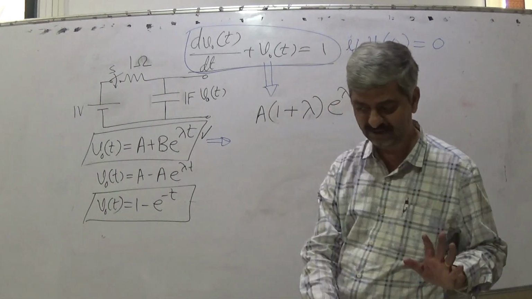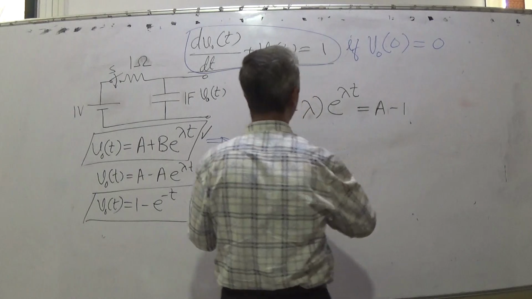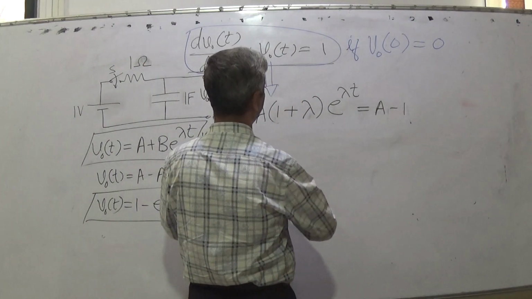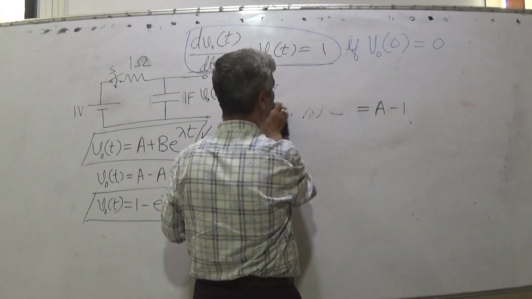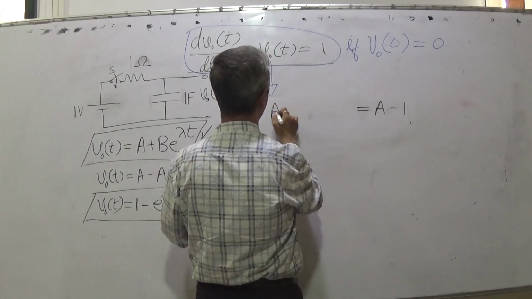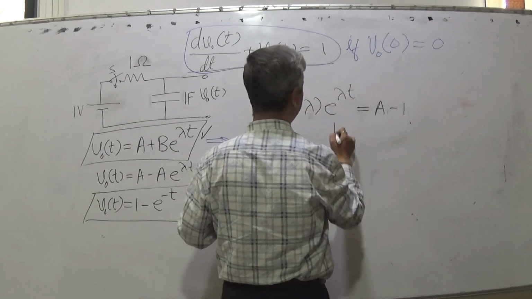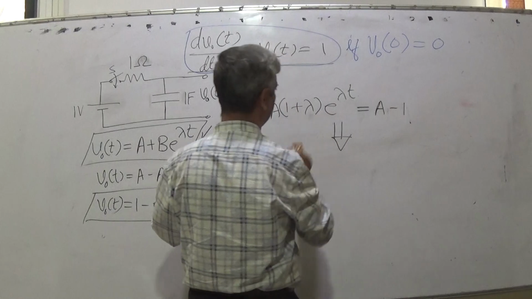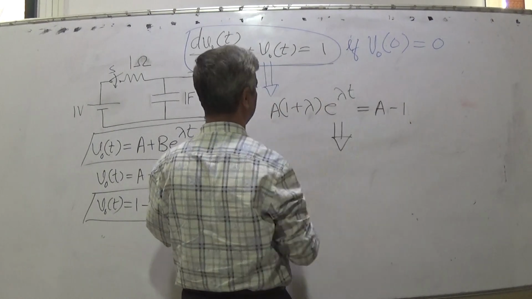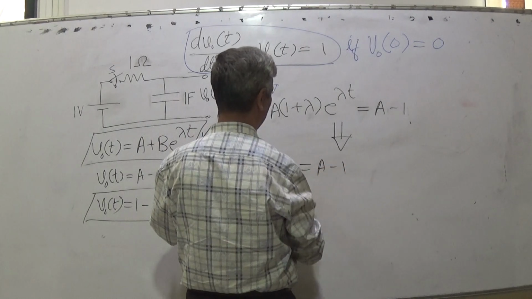I am giving a simple hint. When you remove all exponential terms, what was a into bracket 1 plus lambda e raised to lambda t reduces to a simple equation: 0 is equal to a minus 1. So a is equal to 1.